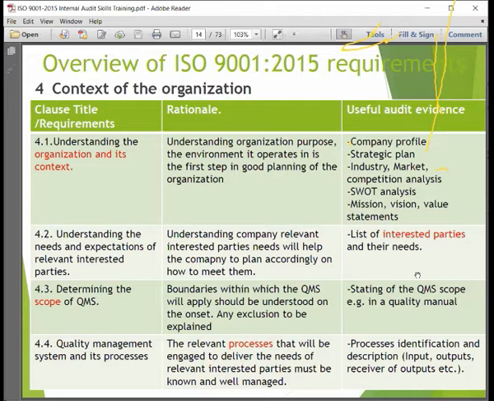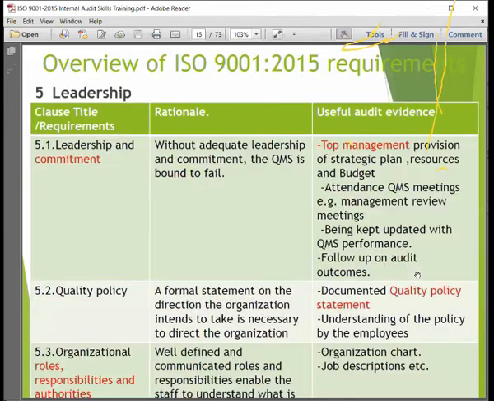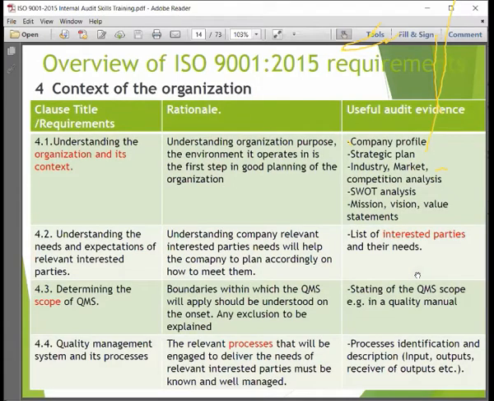They will be audited, but perhaps as you audit the top management or the project manager. They should be audited in internal audit, and they will also be audited in external audit. So that is clause 4. The requirement is just to know yourself, your capability, who you are, who you serve, your mission, your interested parties, your scope, your processes. So please understand who IAA is and what the organization is all about.